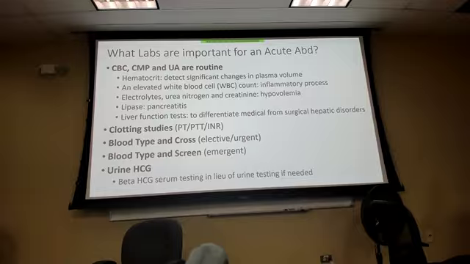Okay. Cross is when we have a little bit more time. We really want to know, do they have any weird enzymes? Do they have any antibodies? By crossing that blood type with them, the risk of reactions is a lot lower. Okay. So we do that for every surgical patient.